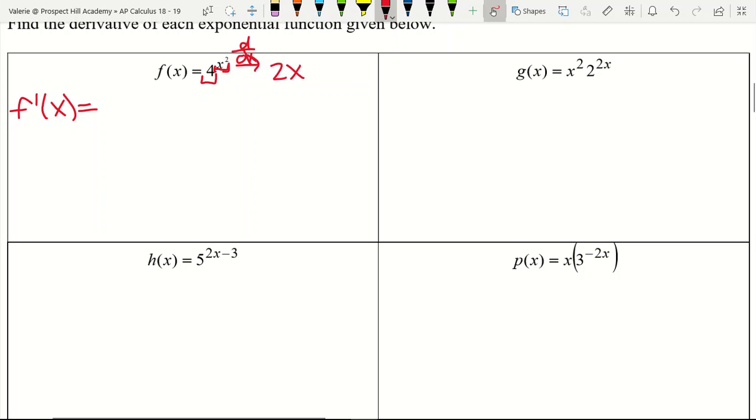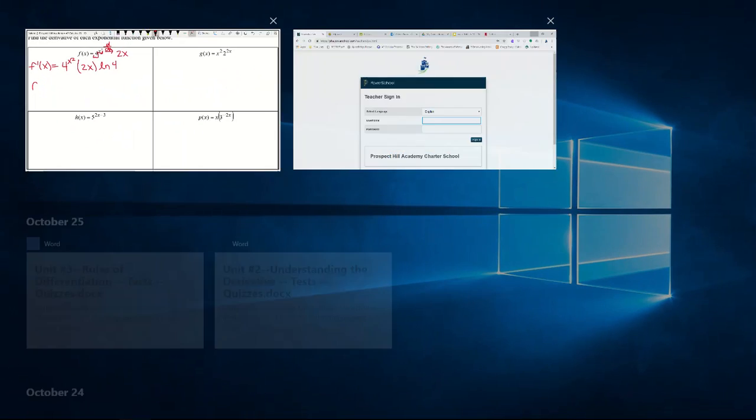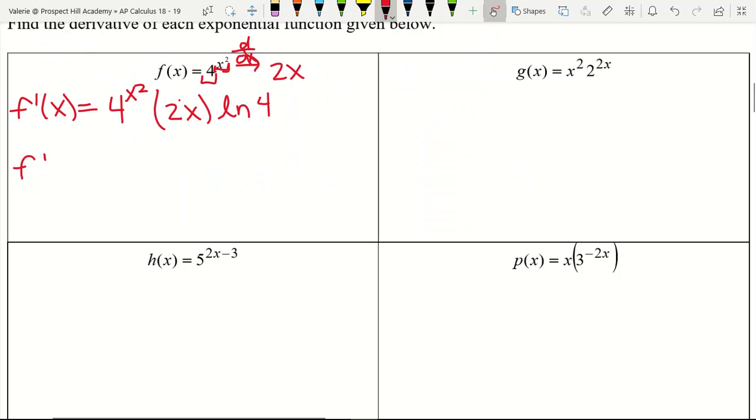So we'll have the original function, 4 to the x squared, times the derivative of the exponent function, which is 2x, times ln of the base, which was 4. So f prime of x equals 2x times 4 to the x squared times ln of 4.